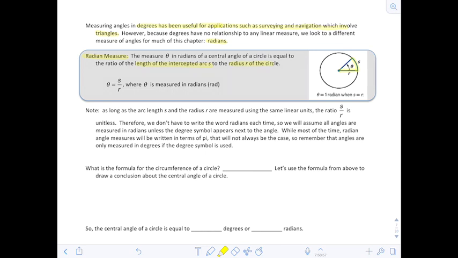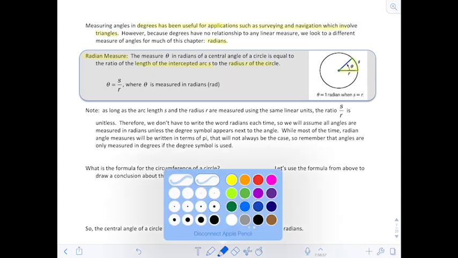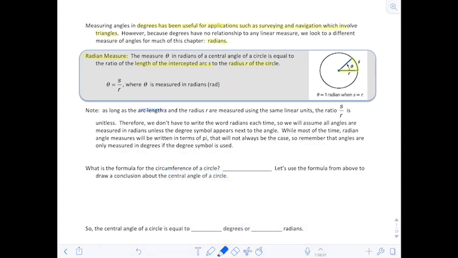As long as the arc length S and the radius are measured using the same linear units, the ratio S over R is unitless. So here's what this means for us. We don't have to write the word radians every time. We will assume all angles are measured in radians unless we see the degree symbol.